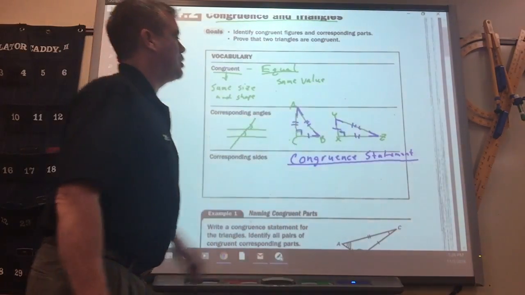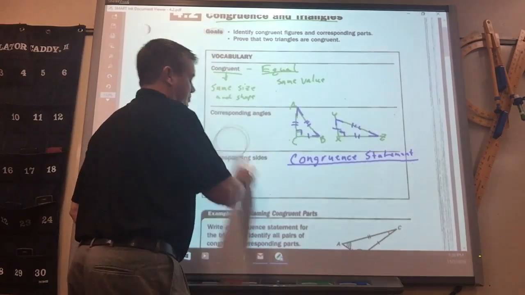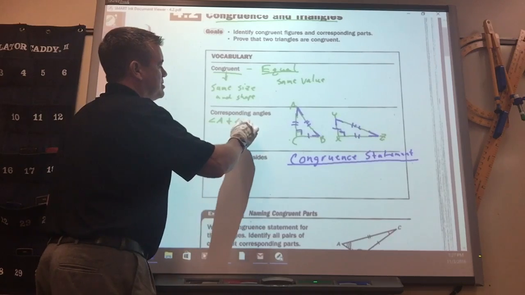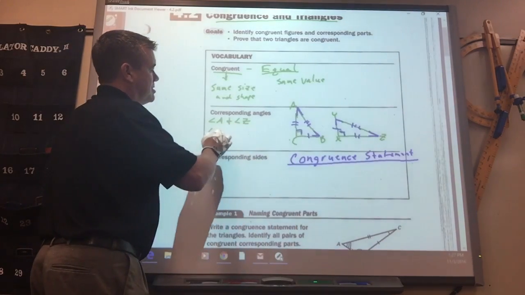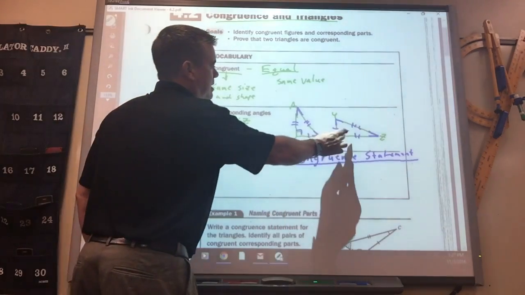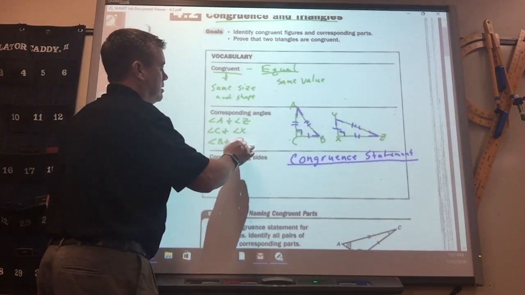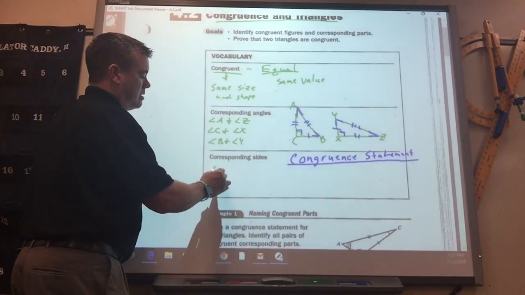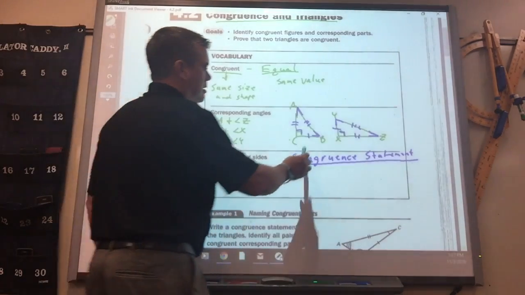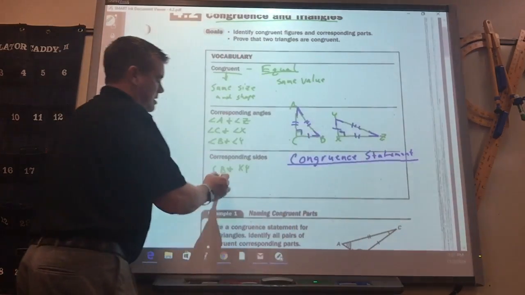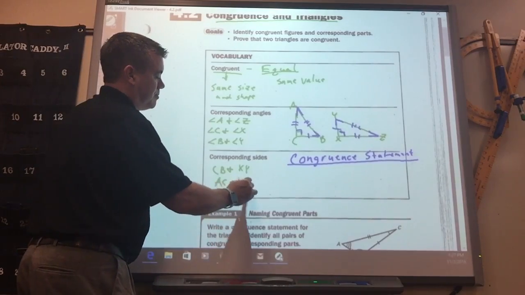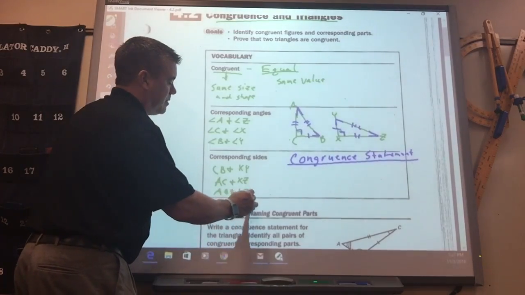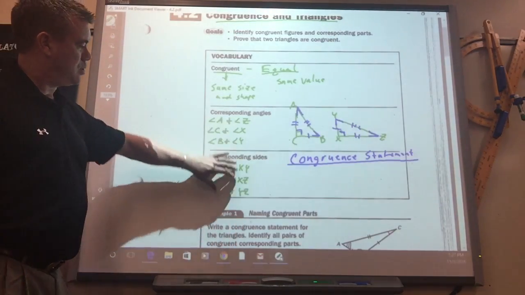If we just listed the corresponding parts, the corresponding angles would be angle A and angle Z, of course, and angle C and angle X, angle B and angle Y. The corresponding sides are CB and YX, or XY, AC and XZ, and then AB and YZ. So that's if you list the corresponding angles and the corresponding sides.